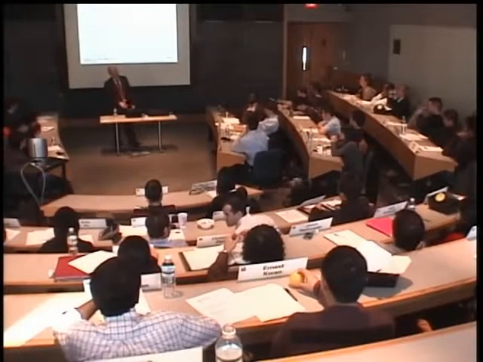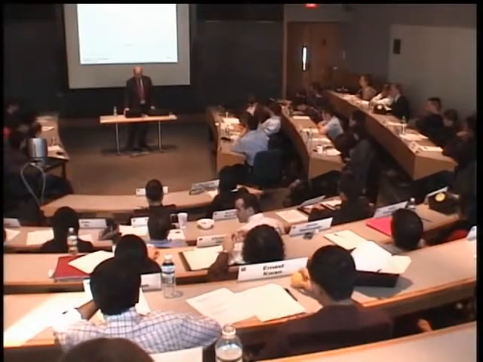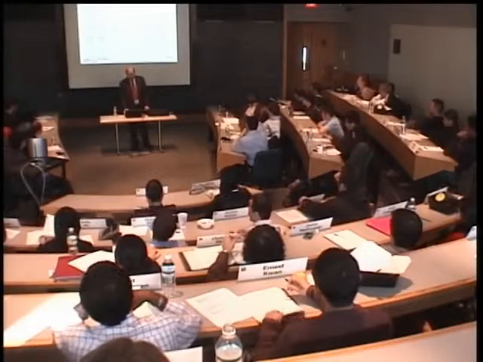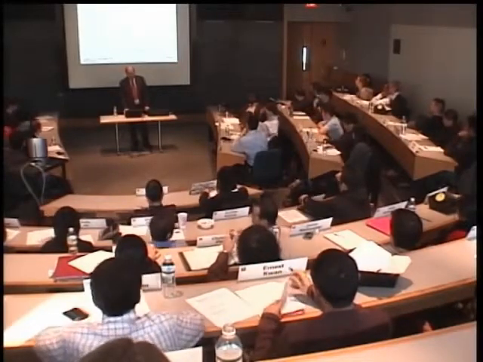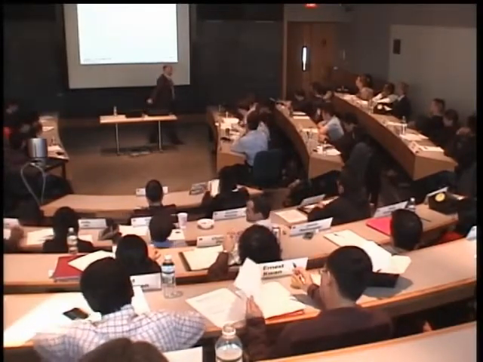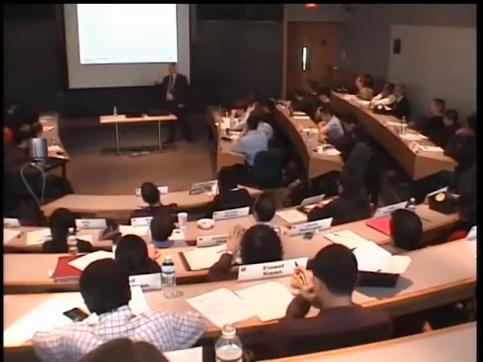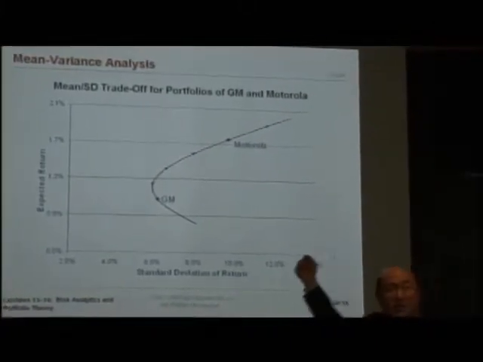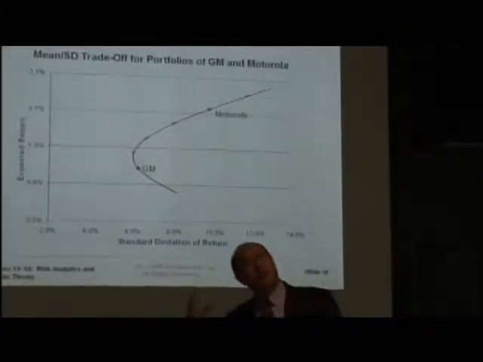All right, so we now have this bullet, and the bullet obviously depends on all the parameters, but in particular, it depends upon the correlation. The reason that there is a bullet shape is because there's a correlation between these two stocks.